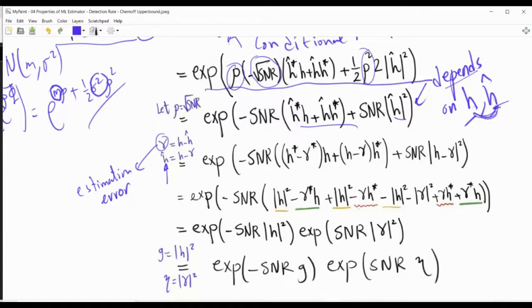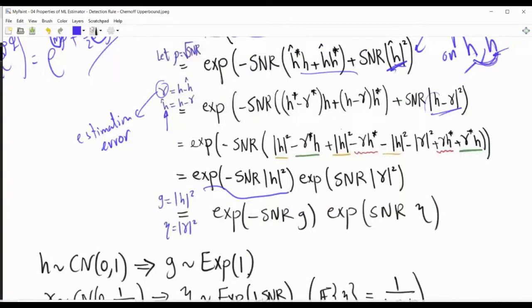And when you do so, you expand, right? Because you have the magnitude of H squared here, so you have the magnitude squared of the first term plus the magnitude squared of the second term, and then you have cross terms and so on. The nice thing is that the cross terms will cancel, and you will get separable terms: a term that depends only on the magnitude of H squared, and a term that depends only on the magnitude of gamma squared, where gamma is the difference between H and the estimator of H. Okay, so we can just work with the magnitude squares.